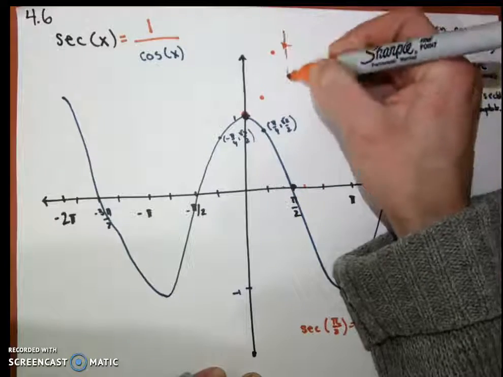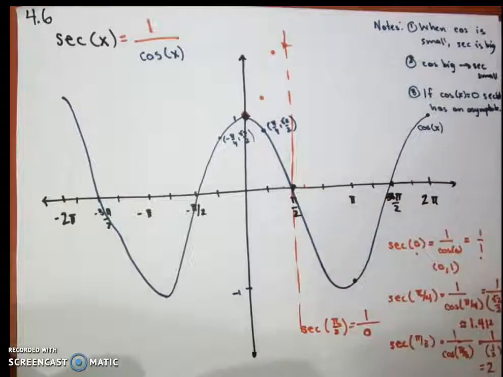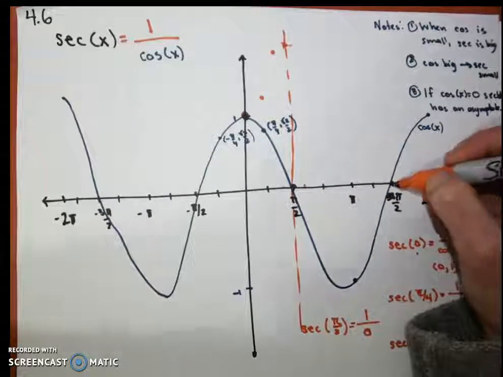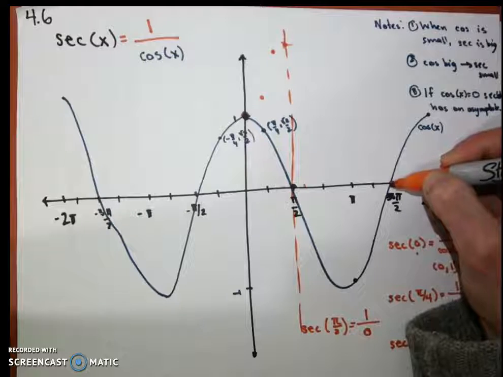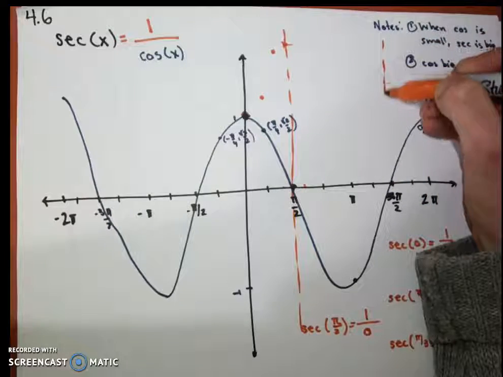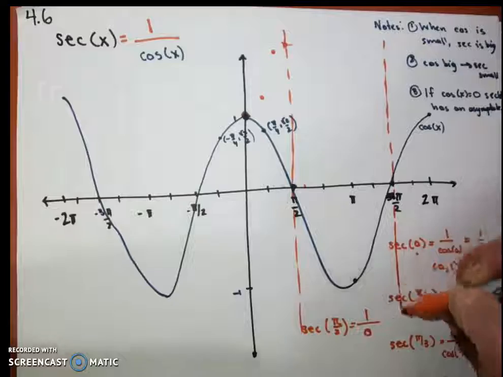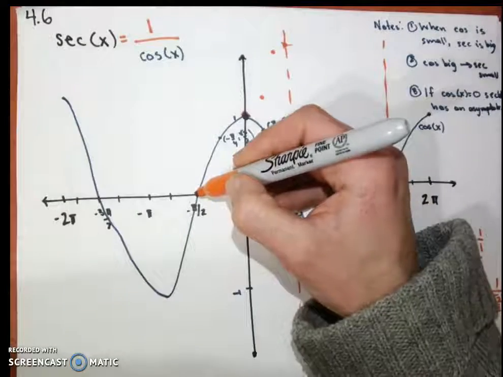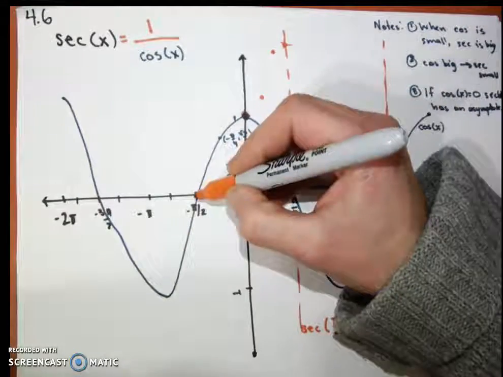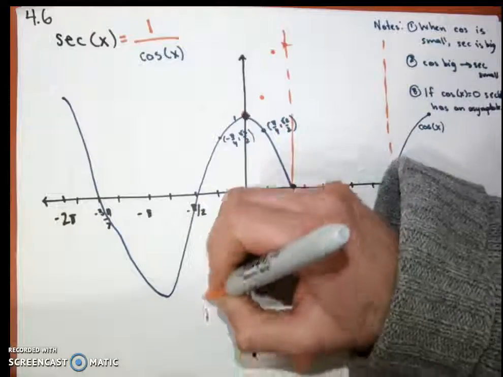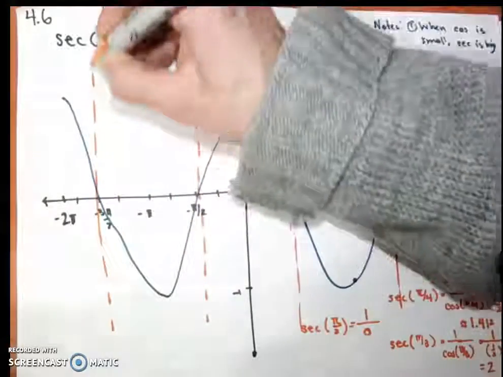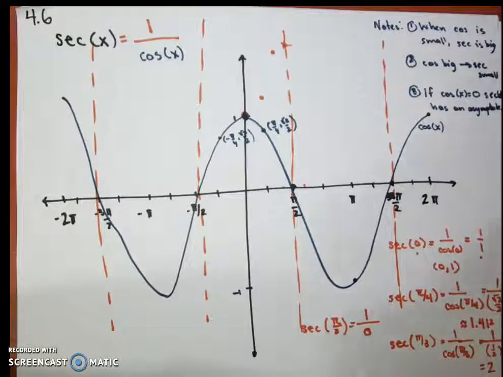So that's where our asymptote is. So you'll notice that cosine is 0 also at 3 pi over 2. So we'd end up with another asymptote there. Cosine of negative pi over 2 is a 0, so that gives us an asymptote of secant. We get an asymptote of secant at negative 3 pi over 2.